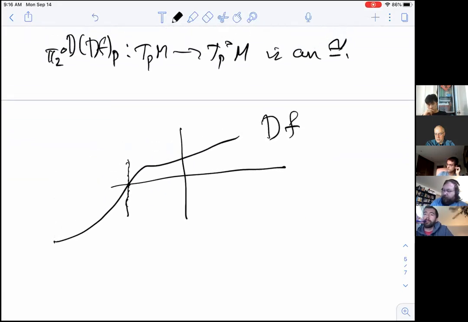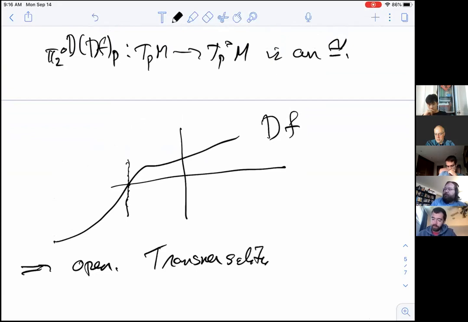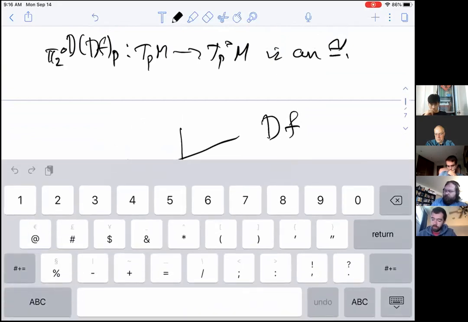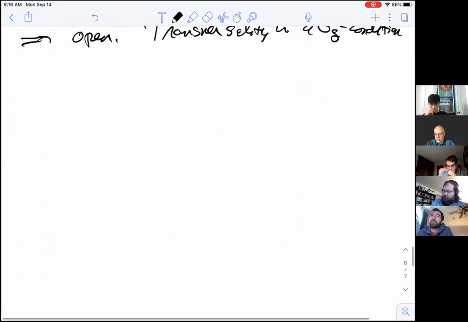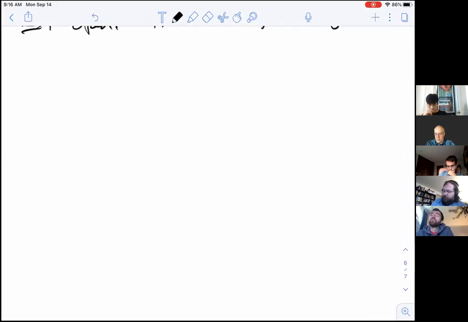So this implies obviously open, and transversality is a G delta condition by, say, Thom's transversality argument. Anyway, whatever your favorite form of transversality is. Okay. So the set of Morse functions is an open dense set.